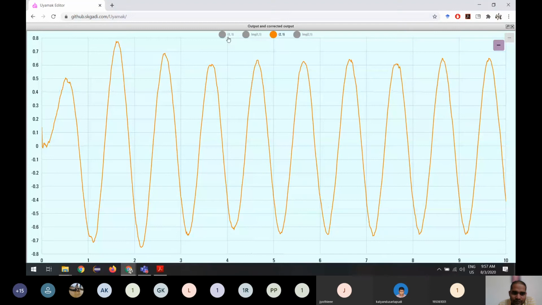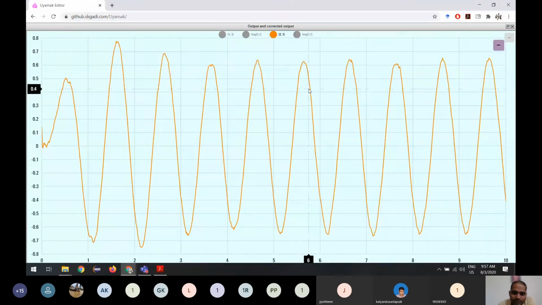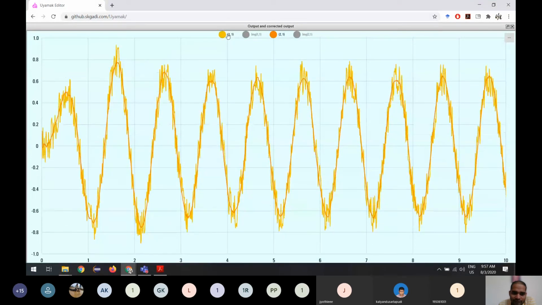You see, with the noisy output, you are receiving a much better output. This is the advantage of Kalman filter. What engineers in general do is put a low pass filter to make it look beautiful. But if we apply Kalman filter, it looks much more beautiful and it is not adding any dynamics to it.